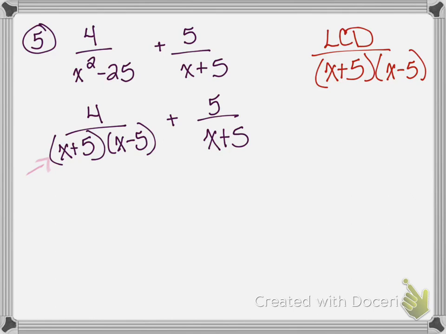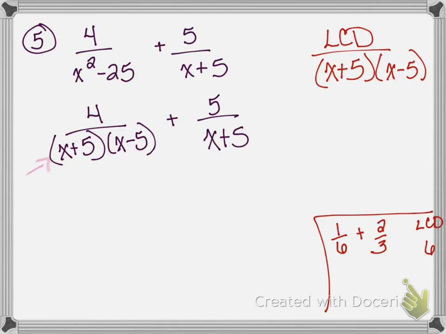Both of those are part of my LCD. Now, I do not need to do anything with this 4 over x plus 5 times x minus 5. I don't need to multiply the top and bottom by anything because it already has my least common denominator covered. Think about it the same way as 1/6 plus 2/3, where my common denominator is going to be 6.